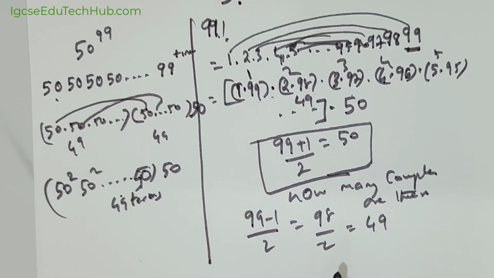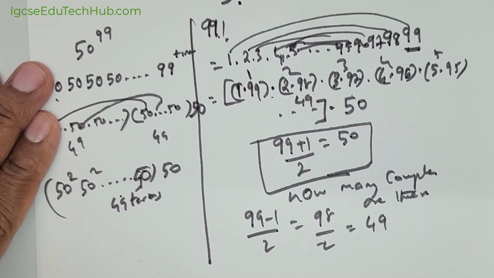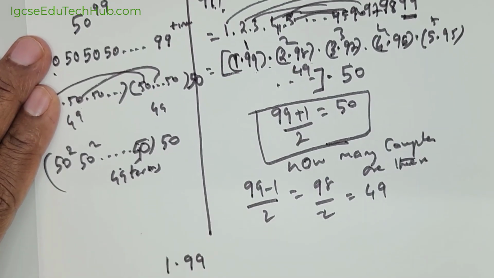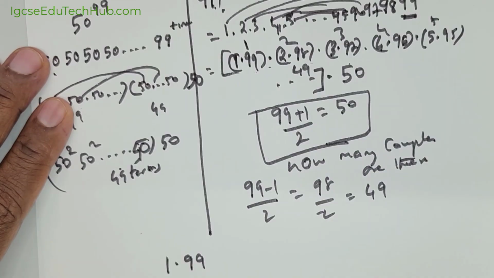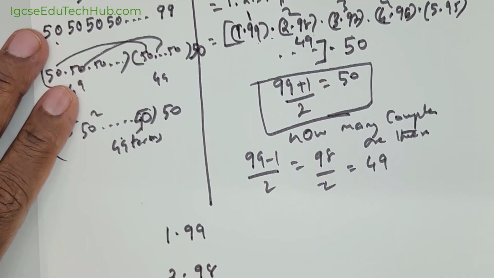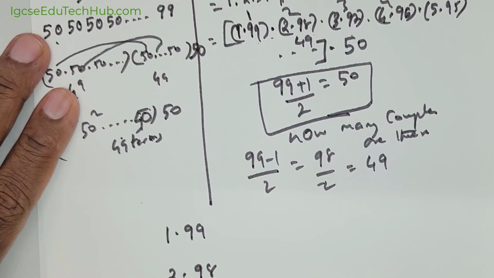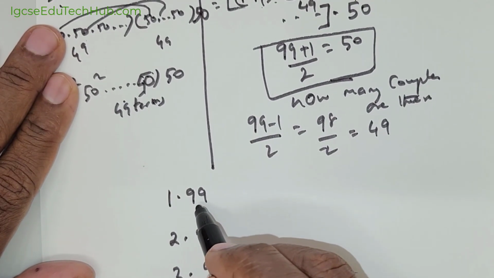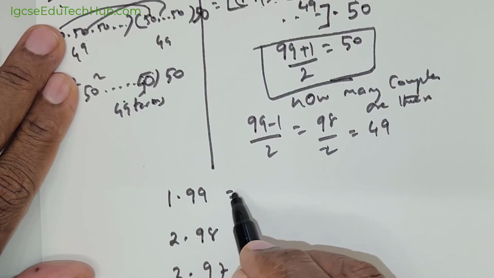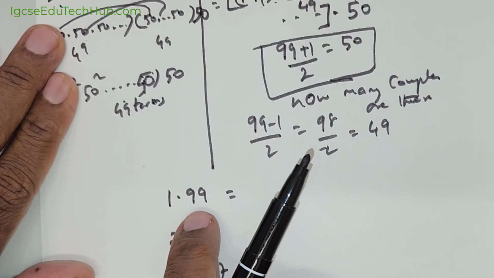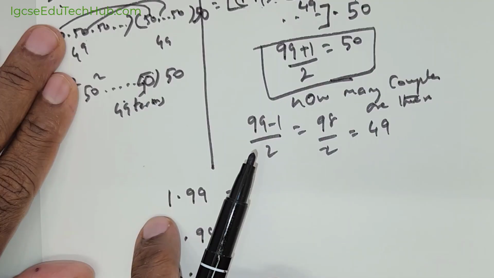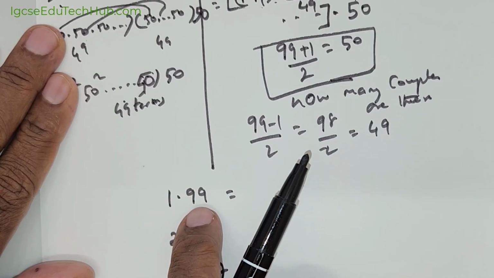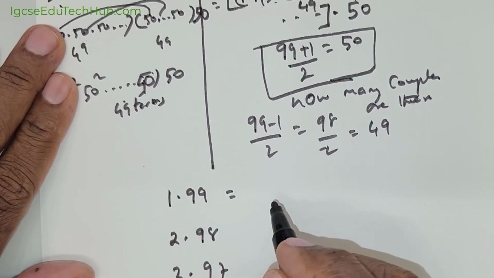So how are we going to compare? Let me write this 1 into 99 and then 2 into 98 and then 3 into 97 and so on and so forth. Now what do you see here? You see that this number 1 can be easily represented using the number 50, and so is this number 99.